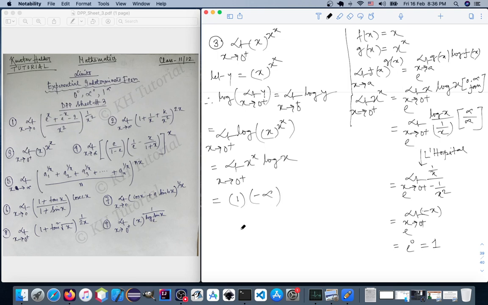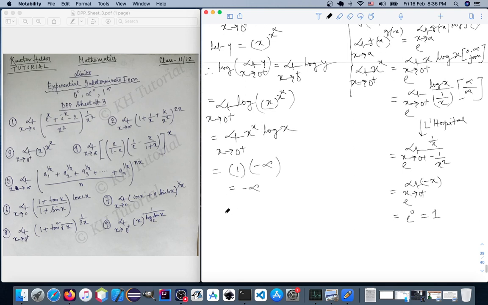This is coming to be minus infinity. And so we got log of limit x tends to 0 positive of y equals minus infinity.